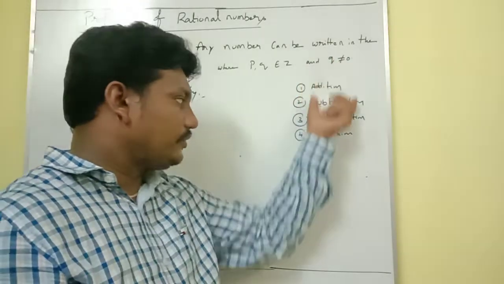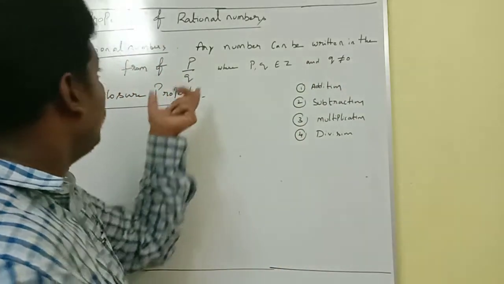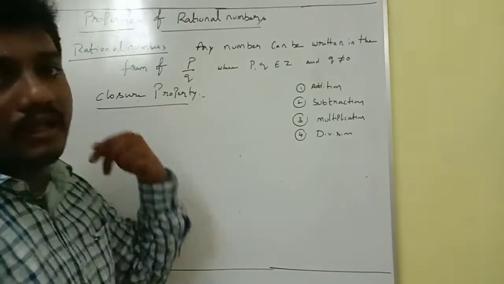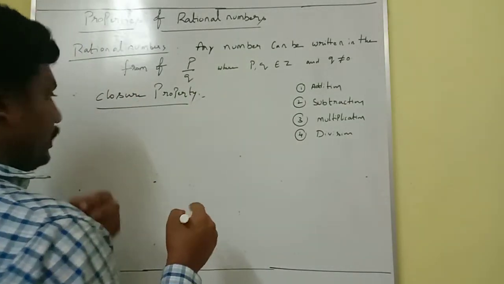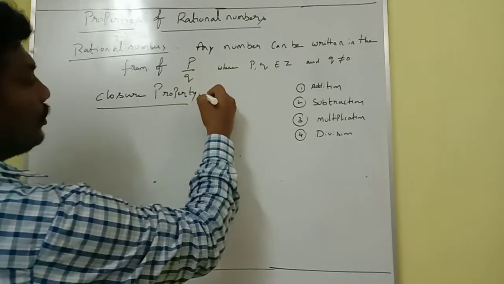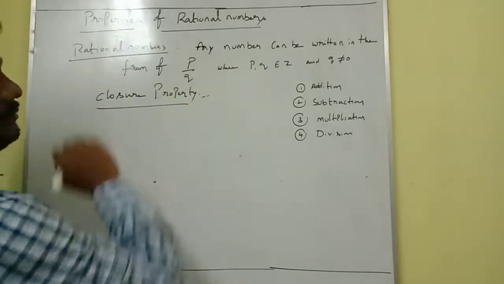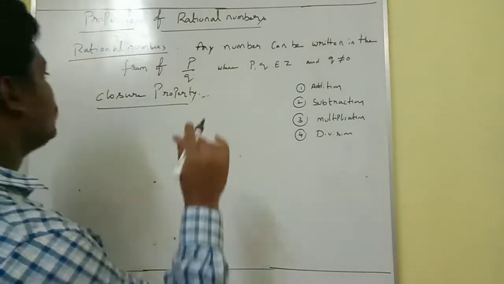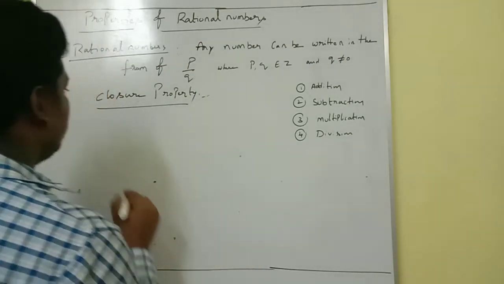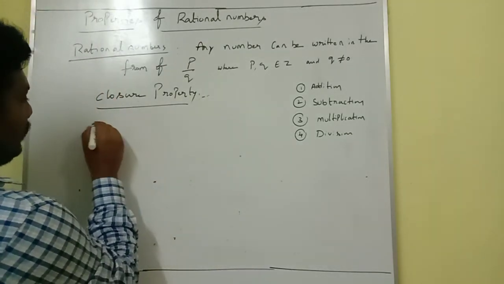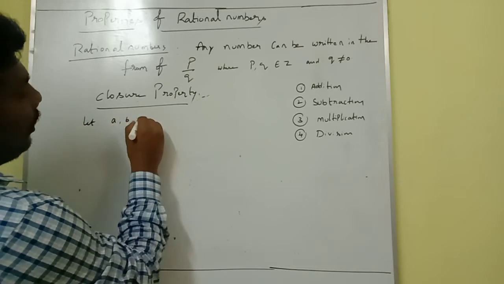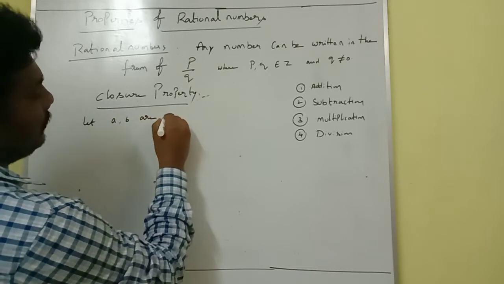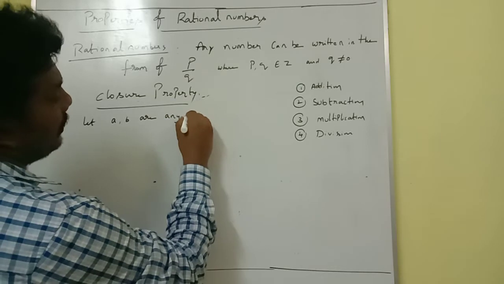In these four operations, we are going to check whether the rational numbers are closed or not. Let us see first the closure property over addition. Let a, b be any two rational numbers.